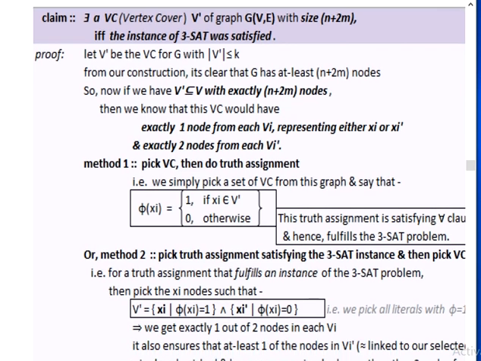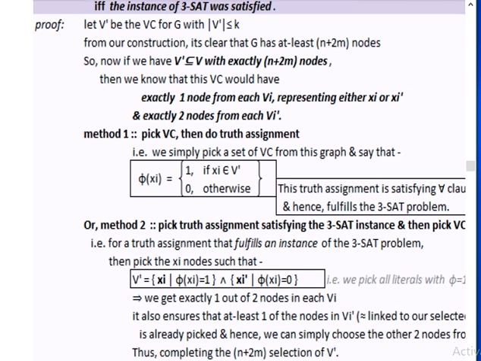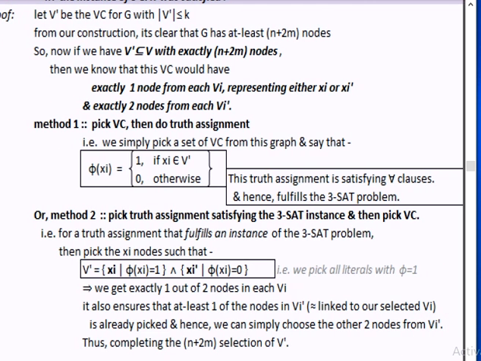Method one says that if we already have a vertex cover of the graph, then we pick the covered nodes and consider them as a satisfying variable assignment, true as one and false otherwise. The second is that if we have a truth assignment that satisfies the 3-SAT instance, we can pick the corresponding vertex cover.